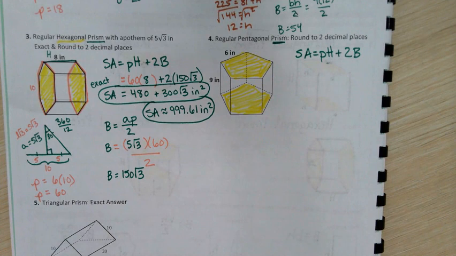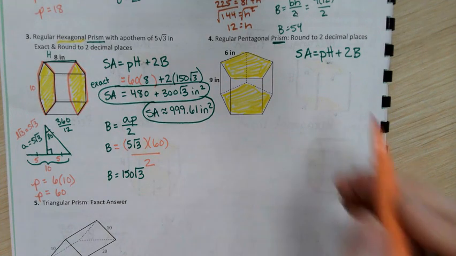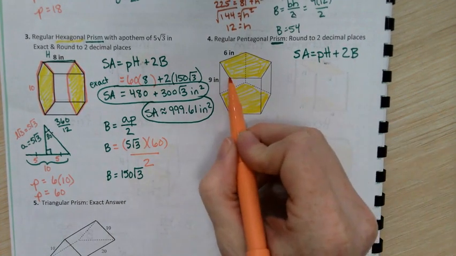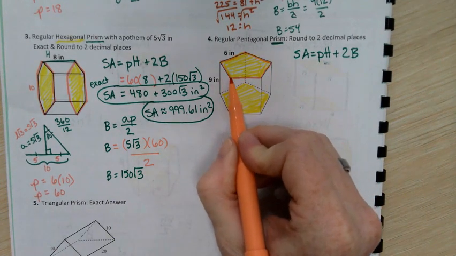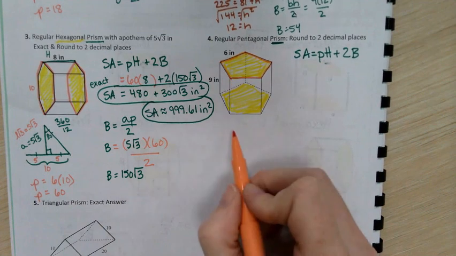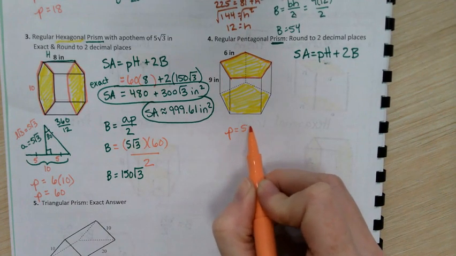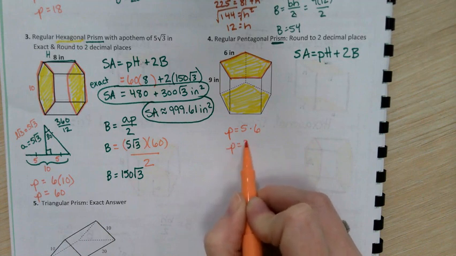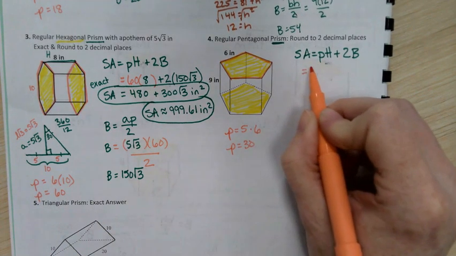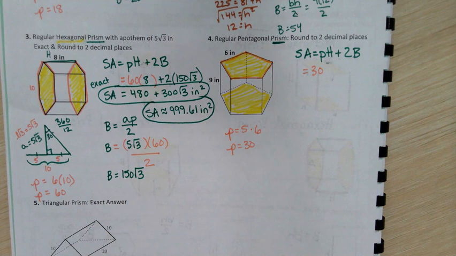That means when we're looking for this perimeter, we need to know the distance all the way around this 5-sided pentagon shape, which I think we can find because I ran into a 6 as I went. So there are going to be 5 sides that are all equal to 6, which means our perimeter is given as 30.